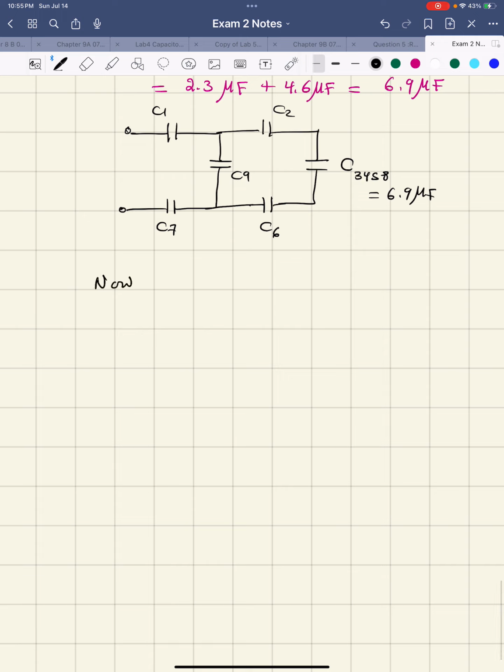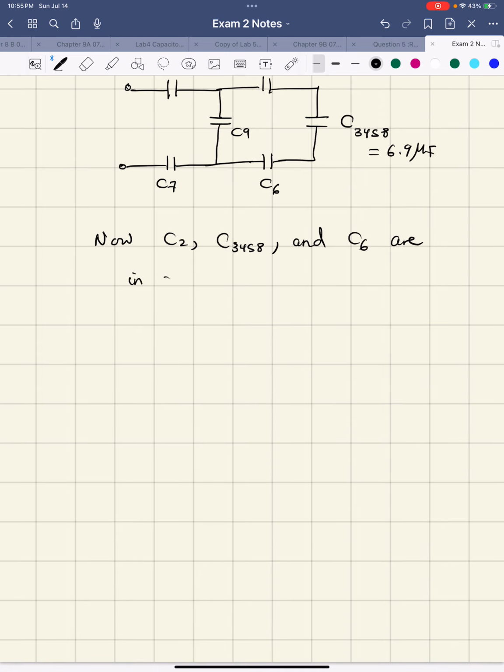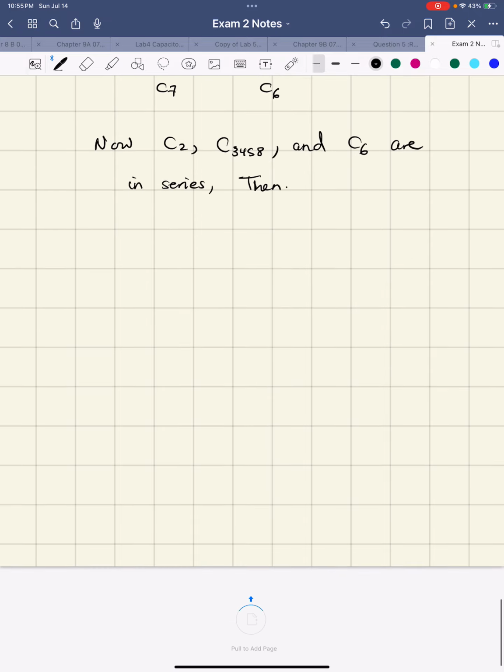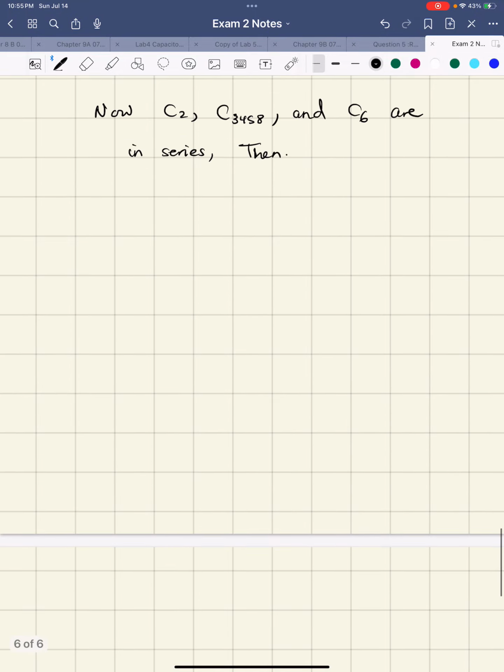Now we're going to go back to series. C2, C3458, and C6 are in series. Then we are going to have 1 over C23456 equals 1 over C2 plus 1 over C3458 plus 1 over C6.